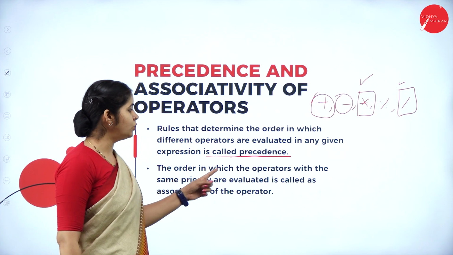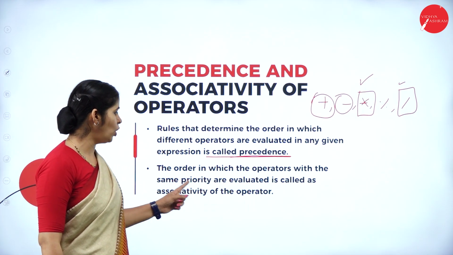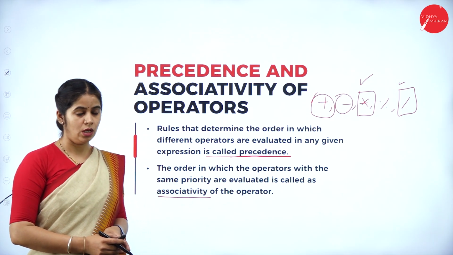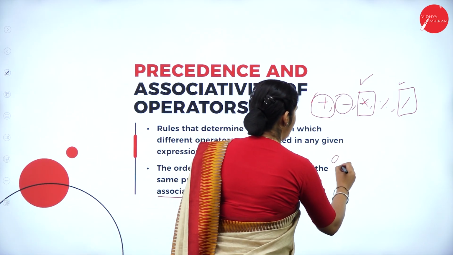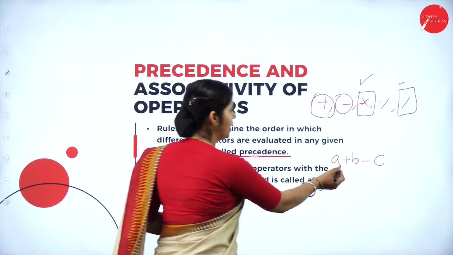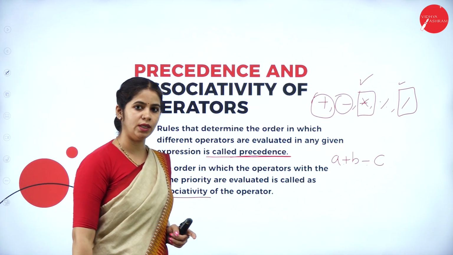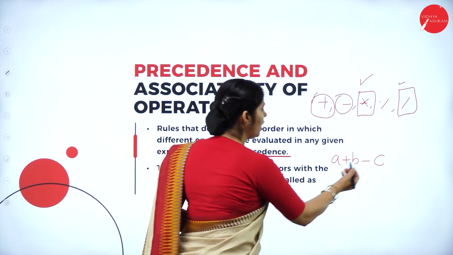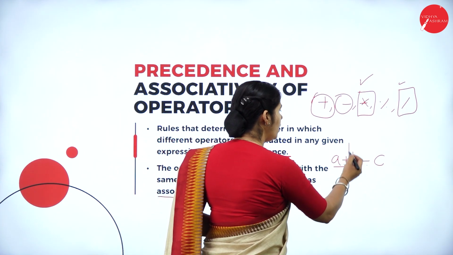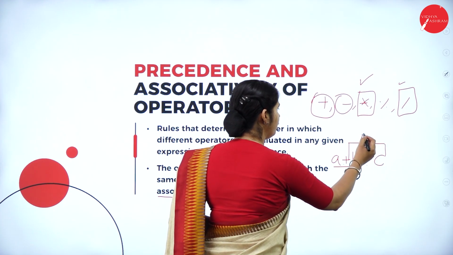The order in which operators of the same priority are evaluated is called associativity. So if I have A plus B minus C, right, here plus and minus have the same priority, right? So how do we evaluate in this case? Either I should evaluate A plus B first or B minus C first, right?